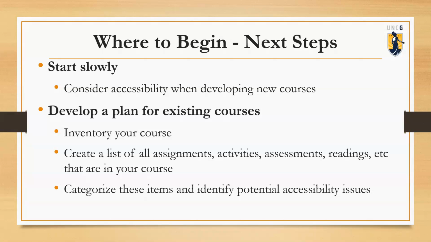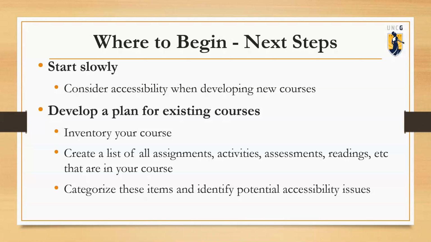It does take a considerable amount of time after the course has been created and you're going back to remediate, but think about having to do that work while the student is waiting to access whatever that content is. So the more you can do before you fall into that situation, the better off you'll be.